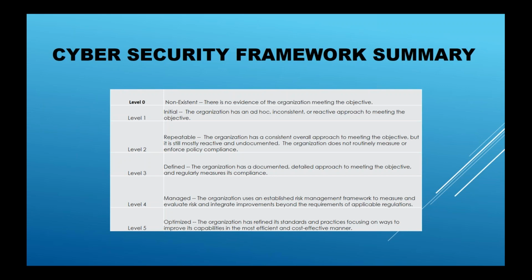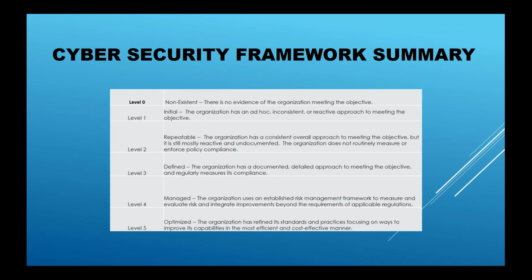Level 2, it's repetitive. You have an approach, but it's still mainly reactive and undocumented. You don't routinely measure how you enforce that. Level 3, we're now moving into a defined where it is documented and we regularly measure for compliance.